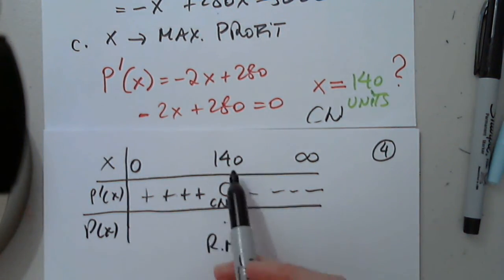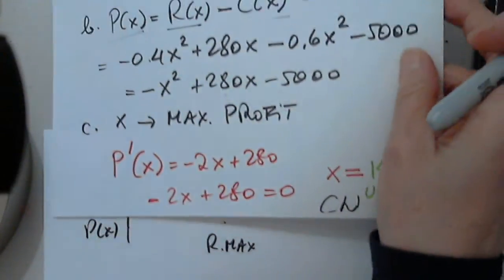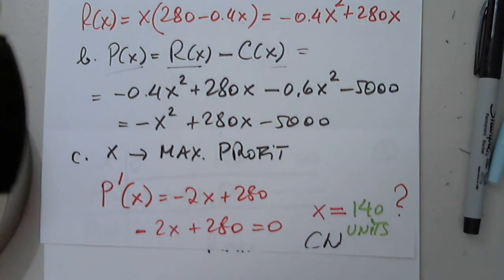So now I have to plug in the function. Where is my function? Right here. So again, you don't have to do this. It's just a habit. Negative x squared, and then positive 280x, and then minus 5,000.